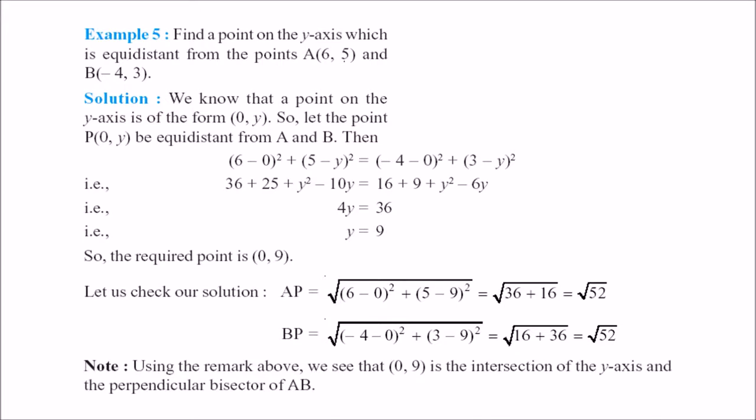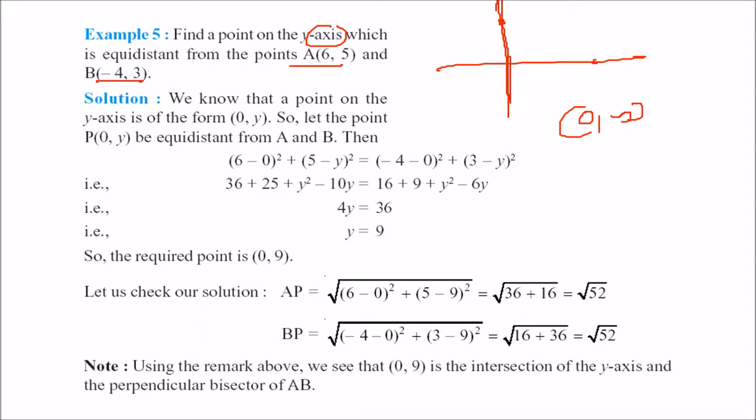Now find a point on the y-axis which is equidistant from points 6, 5 and minus 4, 3. On the x-axis y is 0, on the y-axis x is 0. So you have to find a point on the y-axis. You can just take 0 comma y because there will be no x value.